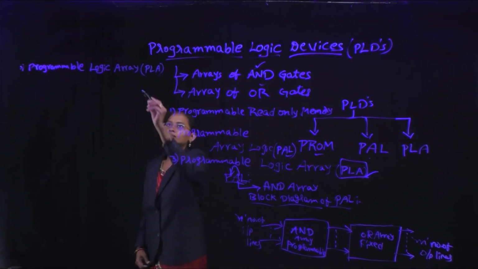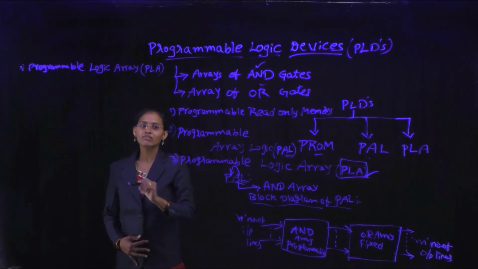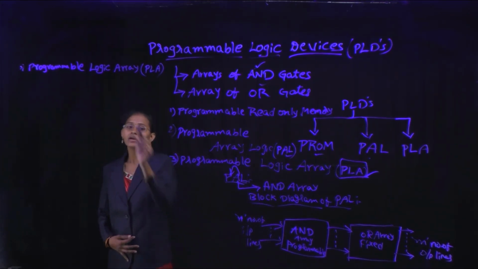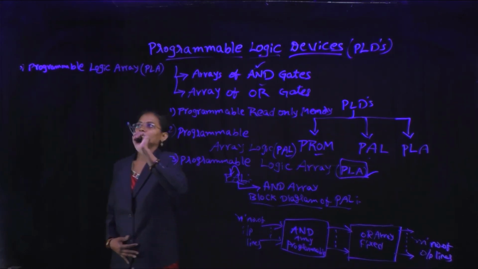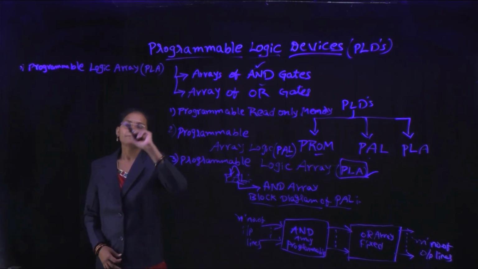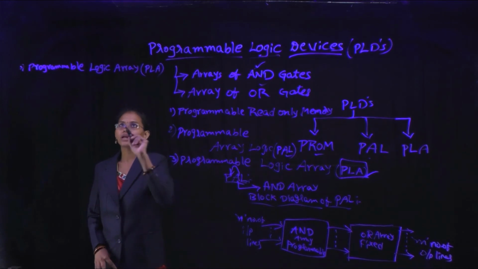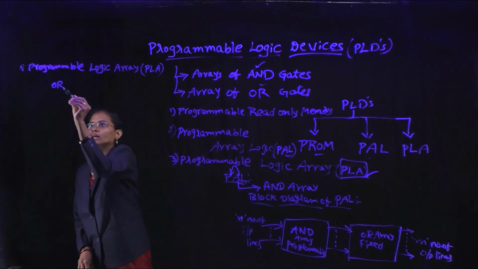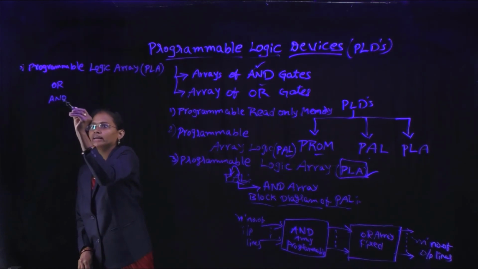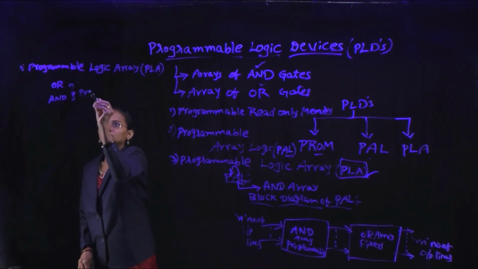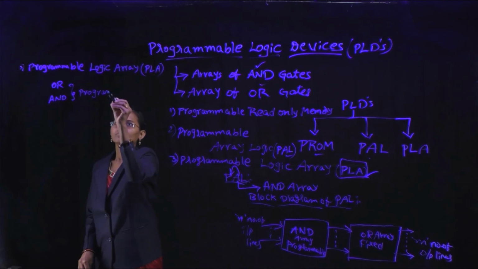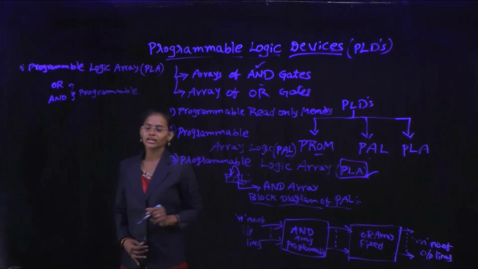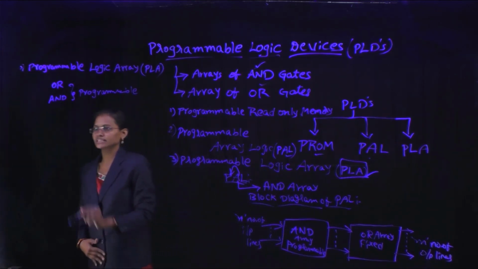In PLA, it consists of both AND arrays and OR arrays. Both are programmable in this. So that's why it is called PLA, programmable logic array. Both AND arrays and OR arrays are programmable.